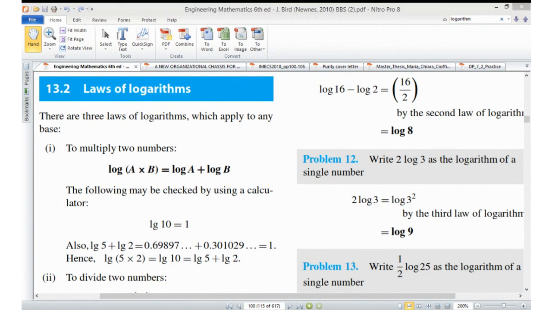You multiply 5 times 2. But you can re-express this as log 5 plus log 2. If you get these from the calculator, because we are assuming it is base 10, then you'll be able to get a 1 from here. So that's a fact check that is provided there.